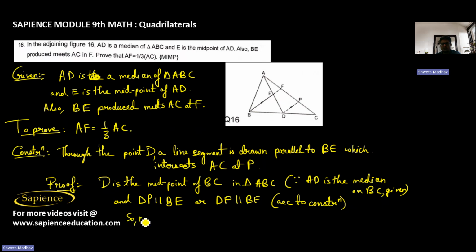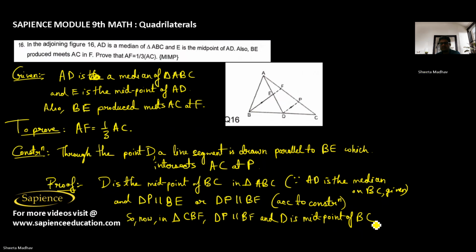So now you can see that in triangle CBF, DP is parallel to BF, and D is the midpoint of BC.